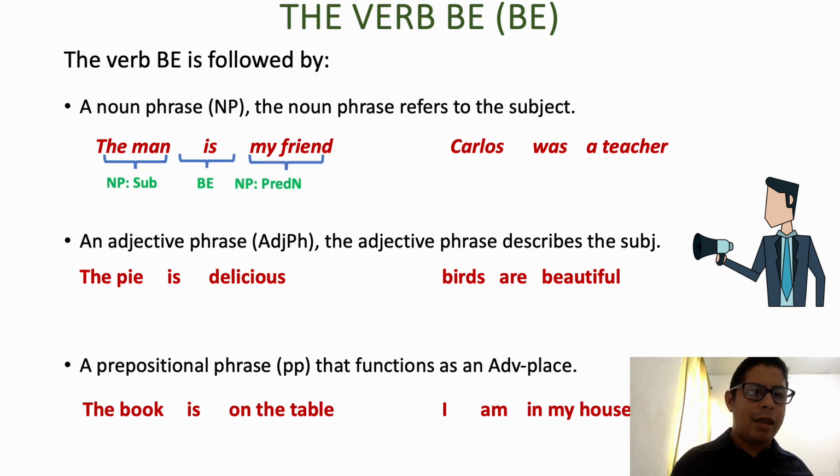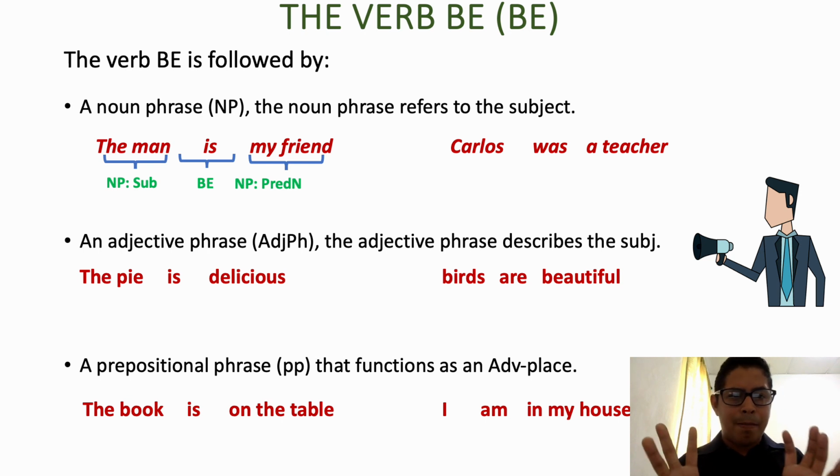So in here we have the noun phrase functioning as the subject, is, that is the verb be, and my friend, that is the noun phrase, the predicate noun. Basically, in here, my friend is referring to the man, similar to the other linking verbs so far.